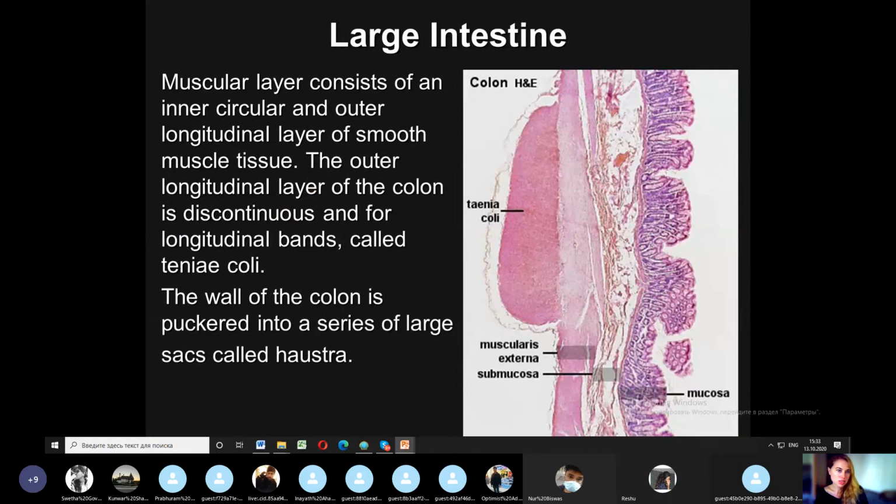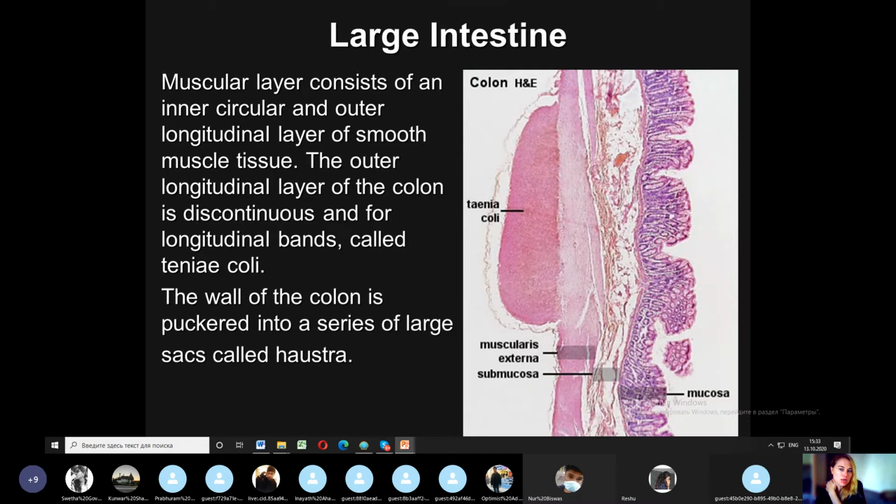Large intestine. The large intestine is the last segment of the digestive system. The large intestine function is the terminal digestion of some components that were not digested in the small intestine, for example, large carbohydrates.